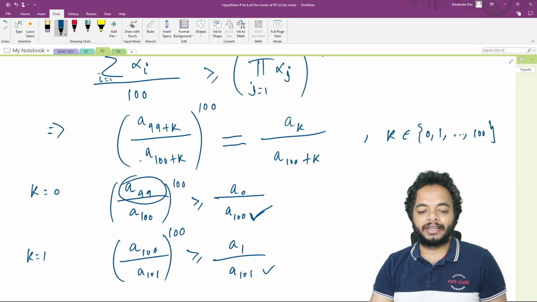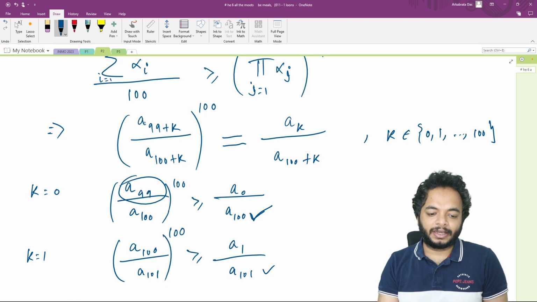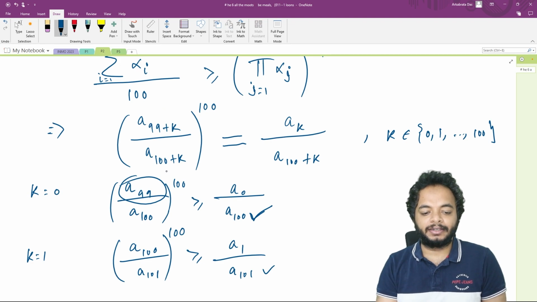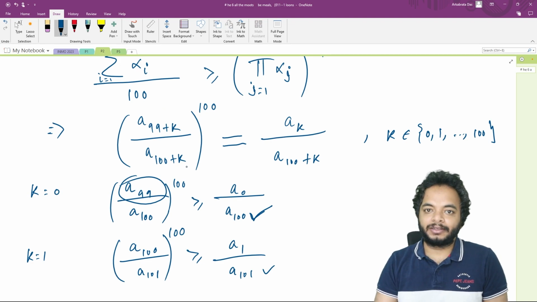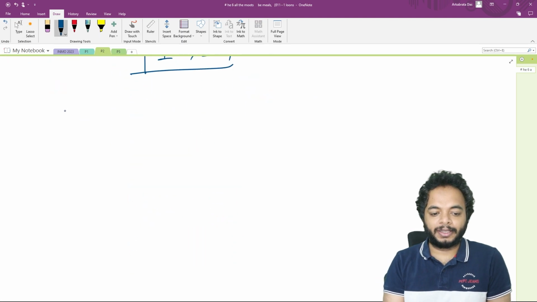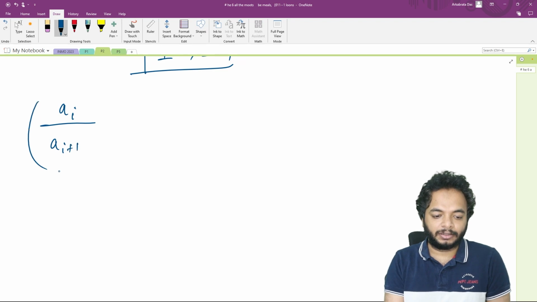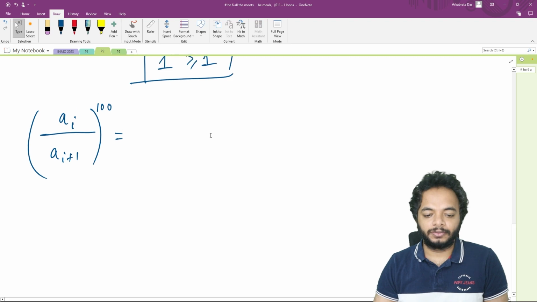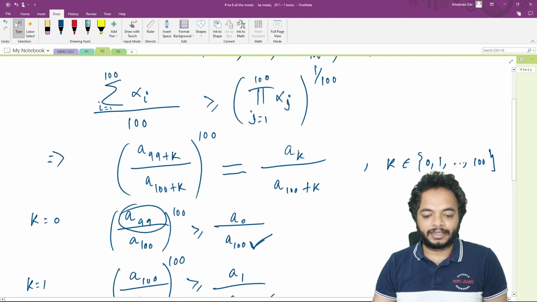So what we are actually having here, if we look at this as Ai, it's Ai divided by Ai plus 1. So let me write it down. What we are basically getting is Ai divided by Ai plus 1 whole to the power 100 is equal to, this side I can write as Ai plus 2 divided by Ai plus 1.